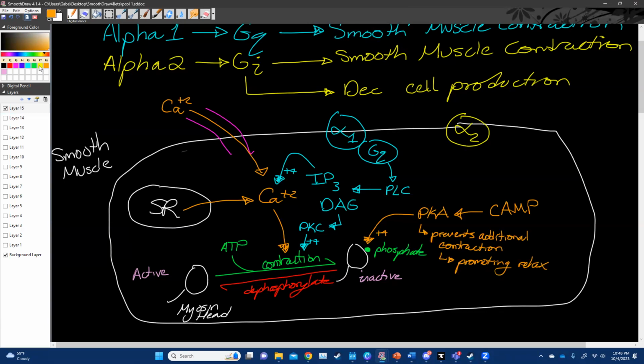Now, what is alpha 2 doing? Well, we know that alpha 2 is GI linked. So it's going to come in and decrease CAMP production, which means we're going to have a decrease in the action of phosphokinase A, which means that we're going to decrease the amount of inactive myosin. So what alpha 2 is doing is it's inhibiting relaxation.